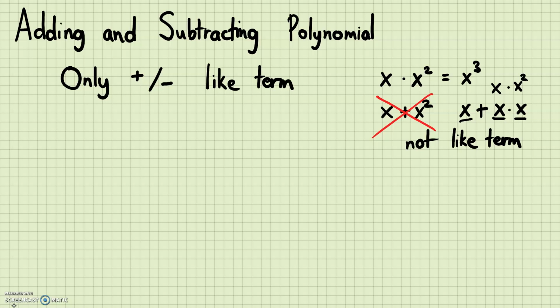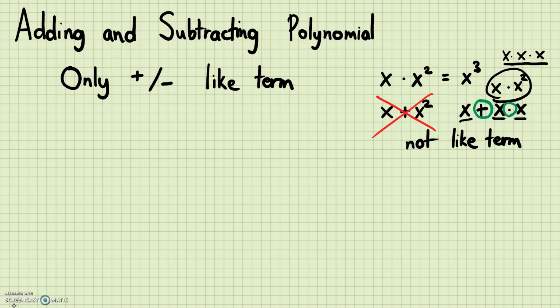Remember, this simplifies to x times x times x. Once you pull apart the x squared, they all become the same operation. So that's why we can multiply these together, but we can't add them together, because addition is not the same as multiplication. We can't combine all these together.